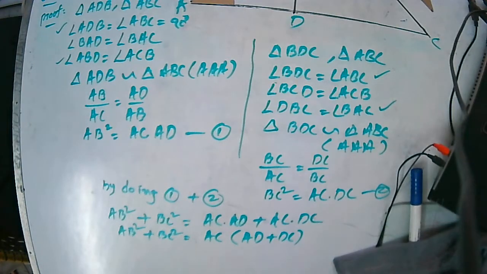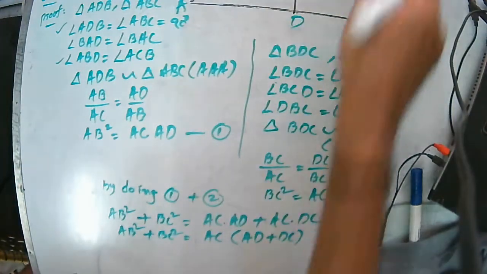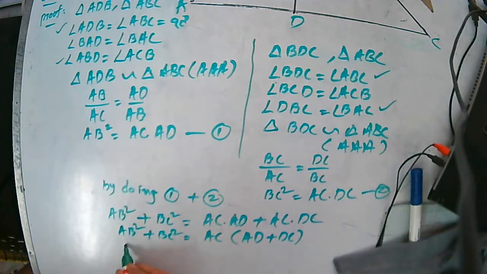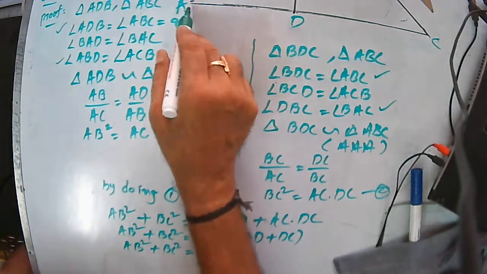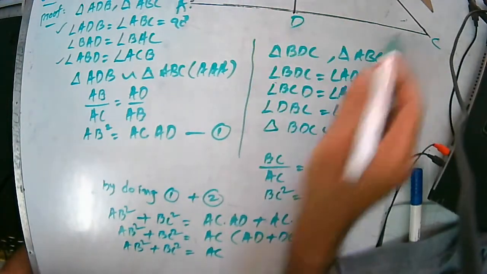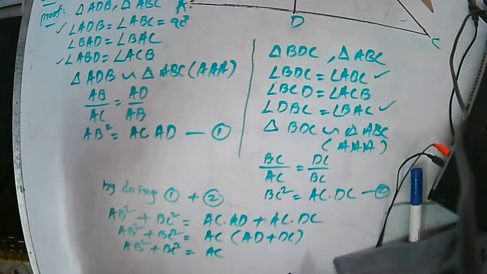If you observe the figure, look here, AB square plus BC square equal to AC into AD plus DC. See the figure.